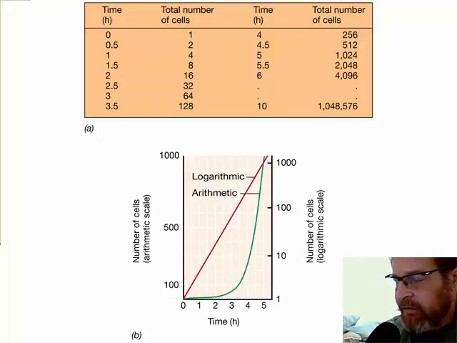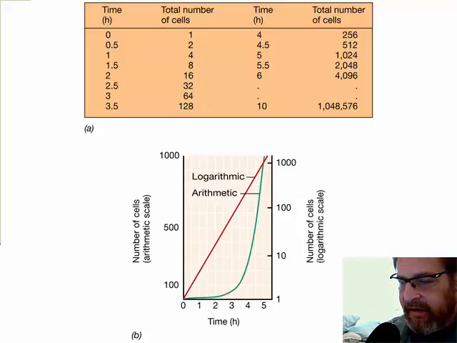Here are the numbers at the very top, and at the bottom we have a comparison of if you were to graph that data on a logarithmic scale or on an arithmetic scale. So when you look at the graph using the left number of cells, okay, that is the arithmetic scale.